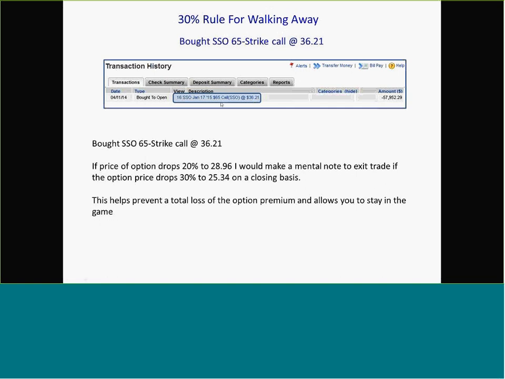And if it drops 30% to around 25.30, then I simply want to exit the trade and prevent that 100% loss possibility. So, a simple money management rule: exit the trade before it develops into a 100% loss.